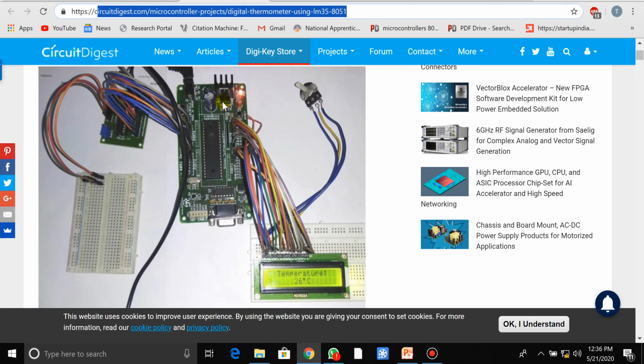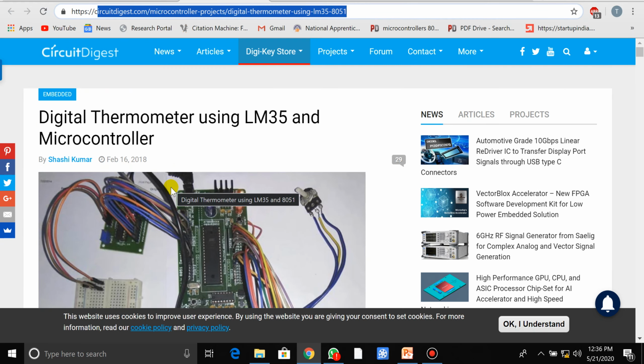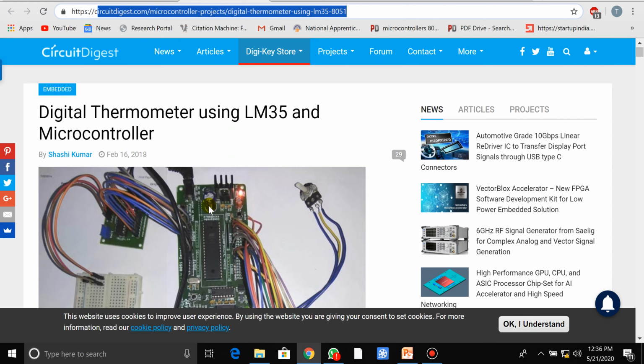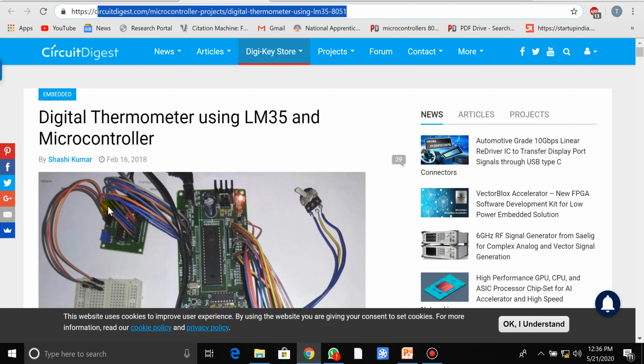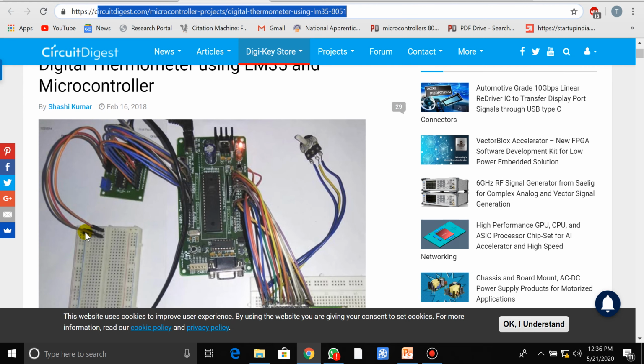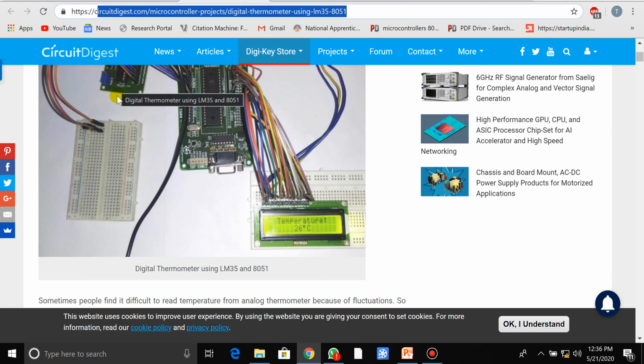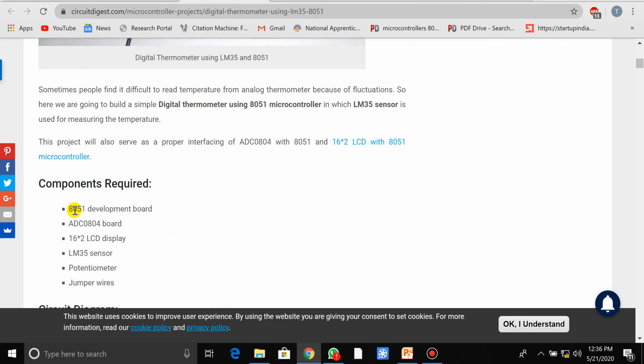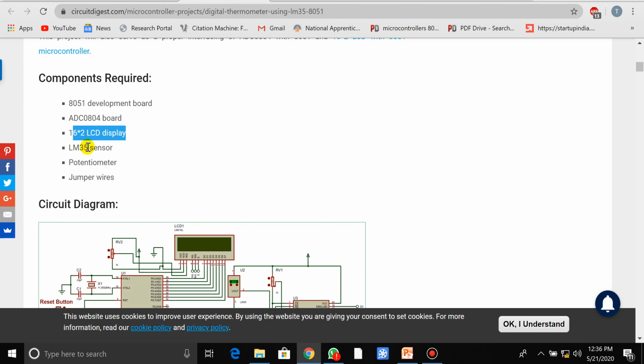If you type this, you will get a lot of links. Here you can see this is the microcontroller 8051, this is the LCD display, this is a pot. Okay, here they are connected to the temperature sensor, they made a connection. This is the ADC. The components required are an 8051 board, ADC board, LCD display, temperature sensor, potentiometer, and jumper wires.